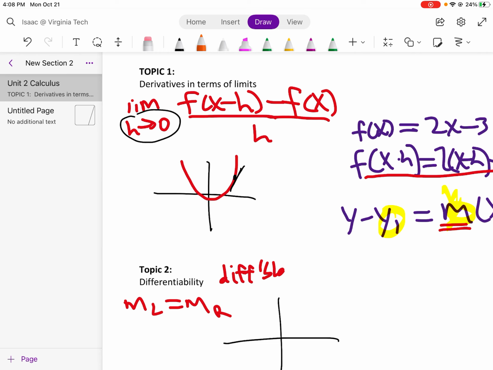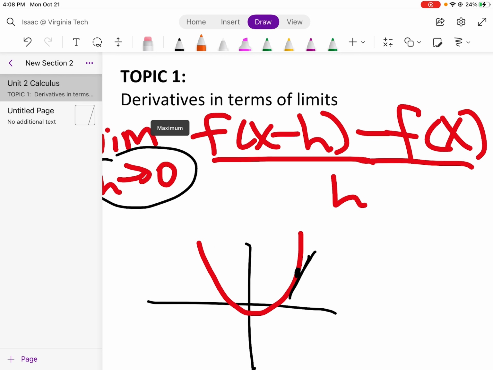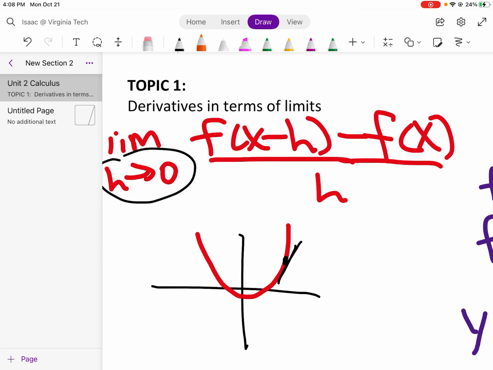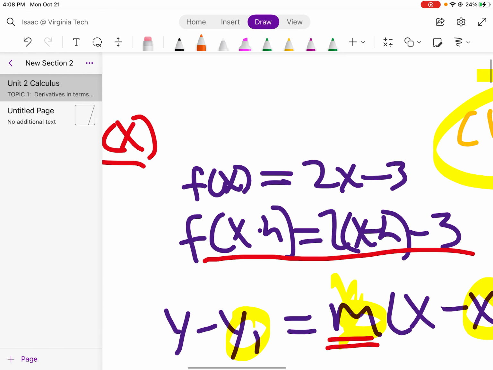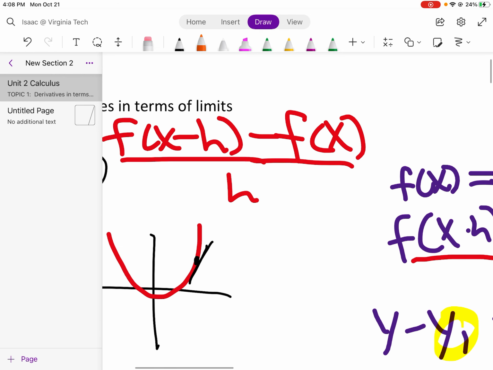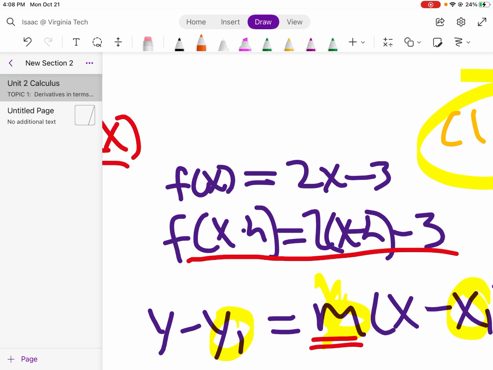So remember, we start out by saying you sometimes have to use this formula right here to find limits or find derivatives. And all you have to do is plug in for f of x what it is, and for f of x minus h, whatever the function is, but anywhere you see an x, you replace it with x minus h.